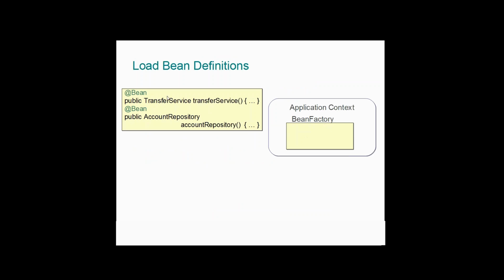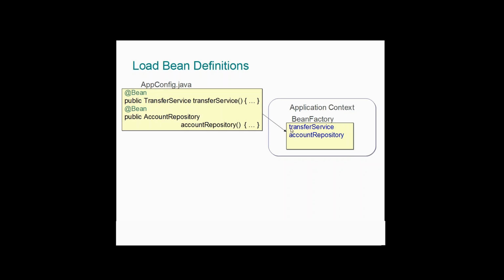So this Java configuration will take all the metadata you have given to create this bean, and create a kind of bean definition entries. This is not the object yet. So take this transfer service as a bean ID and put all the information along with the method that has been given, and it will add it.